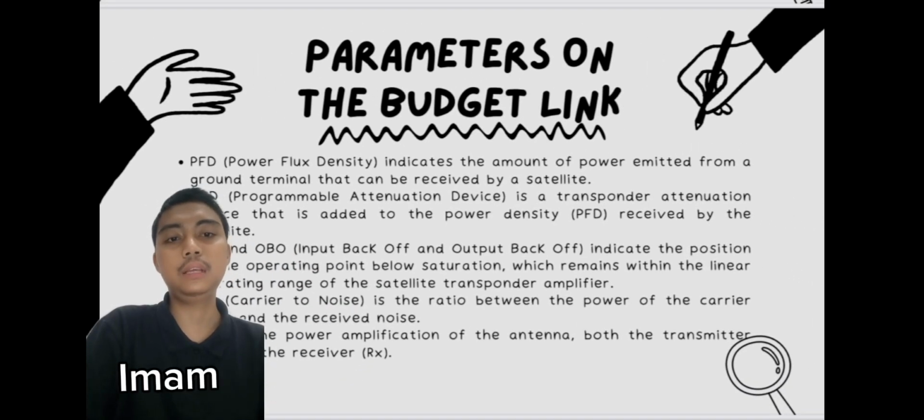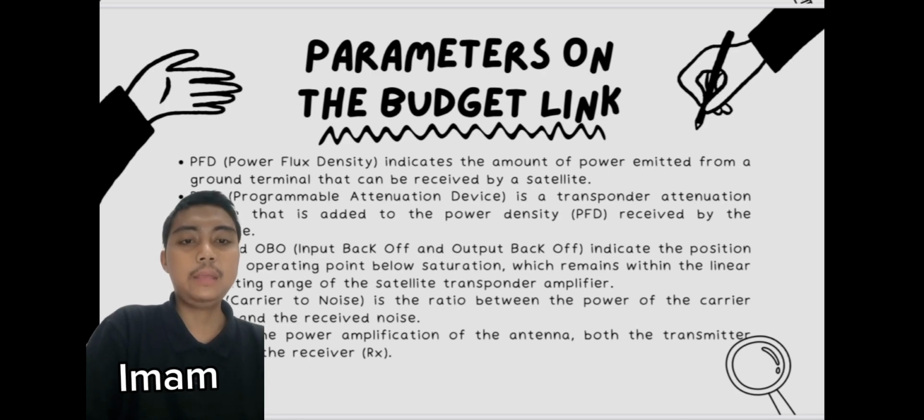Parameters on the link budget. First, PFD, or power flux density, indicates the amount of power emitted from a ground terminal that can be received by a satellite. Second, PAD, or programmable attenuation device, is a transponder attenuation device that is added to the power flux density, or PFD, received by the satellite.